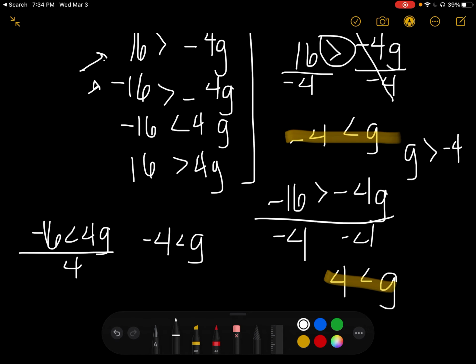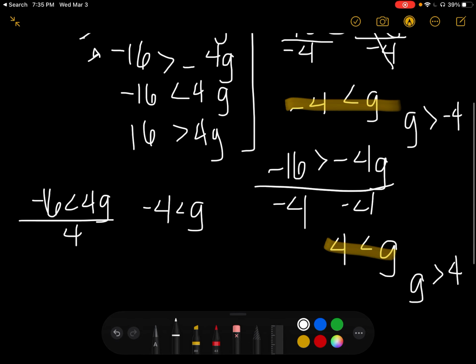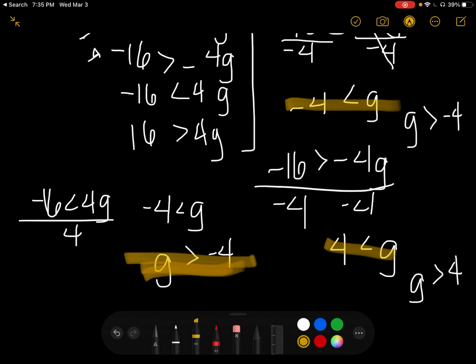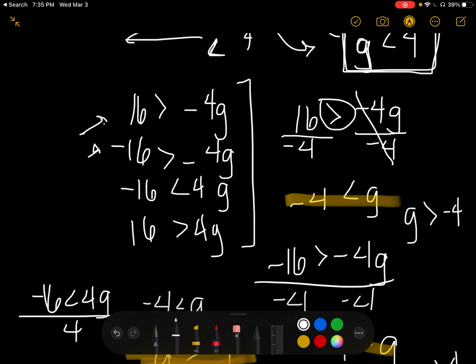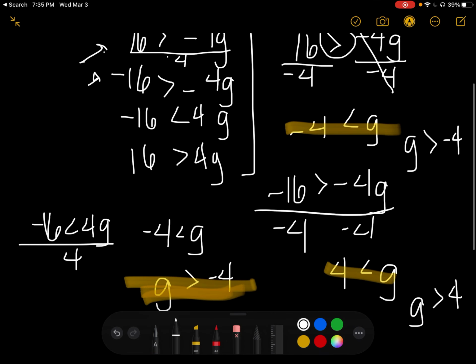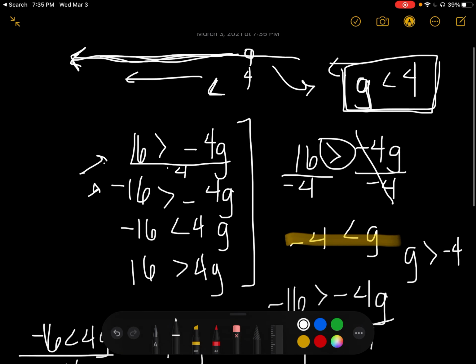So this would be g is greater than negative 4 when you put the g on the other side, and then g is greater than 4, and then this would be g is greater than negative 4, which I think are the same. I don't know. I think that's right. I think you probably saw if I messed up. But essentially, all you really need to do is solve for g by doing whatever you need to do, like dividing by negative 4 or whatever, and then match it to the right one, right? Which I guess would be this last one.